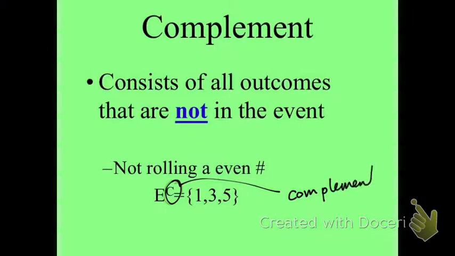So the complement's just everything that didn't happen, like what are the odds that it doesn't do something. Not rolling an even would be 1, 3, and 5, the not even ones.